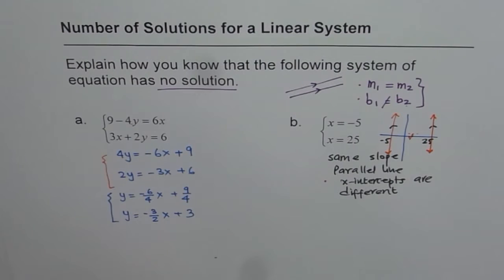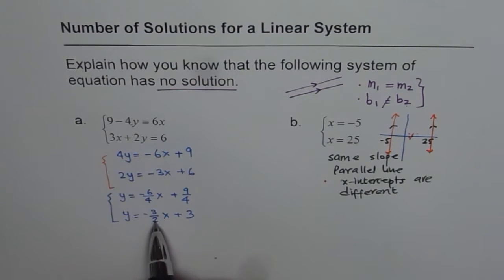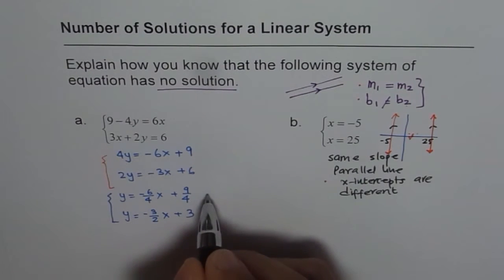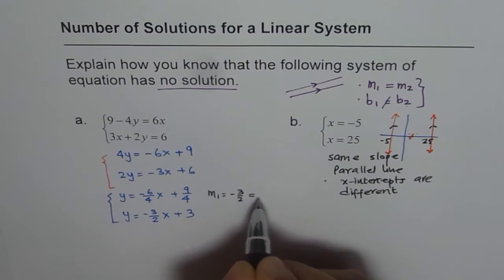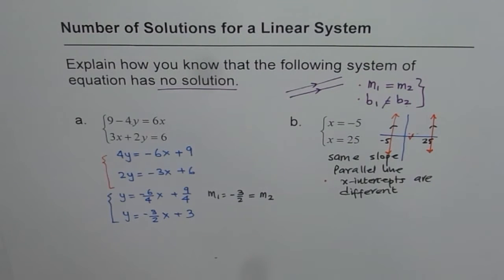As you can see from here, they have the same slopes, right? Minus 3 over 2 is the same as minus 6 over 4. So m1 equals minus 3 over 2, which is indeed equal to m2.